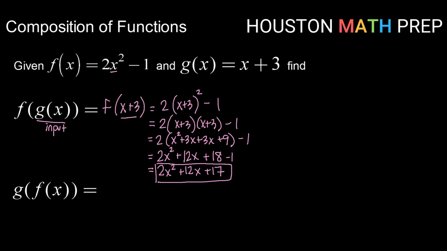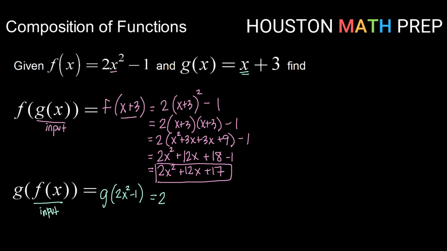All right, now we want to compare that with g of f of x. Notice that this time, f of x is our input, and it's going to be placed into g of x. So we can think of that as g of, well, here, f of x is 2x squared minus 1. So function notation here tells me into g, replace all my x's with 2x squared minus 1.